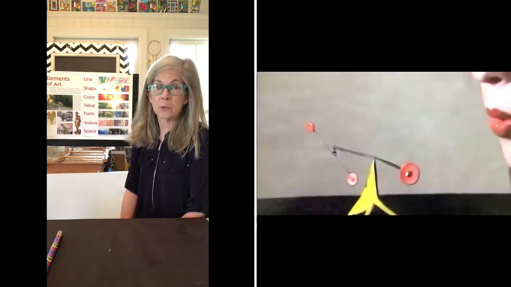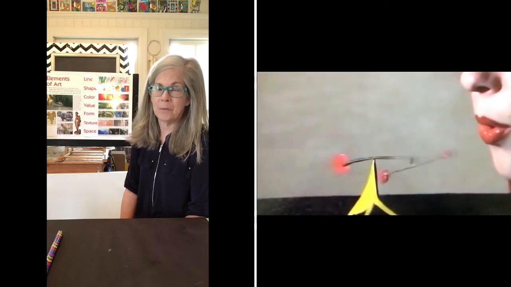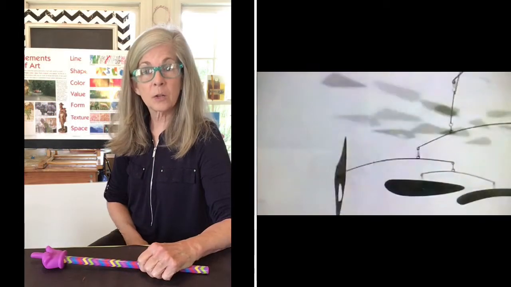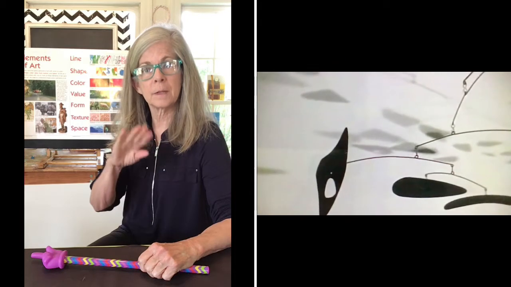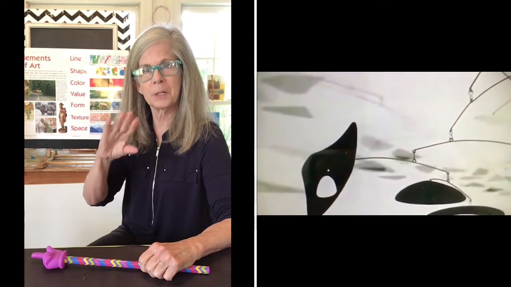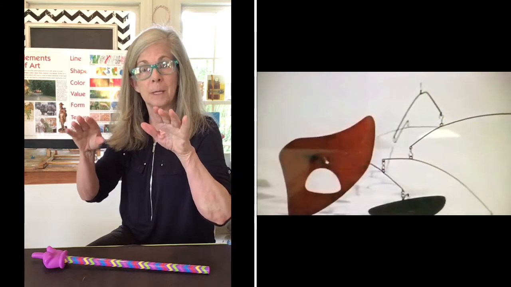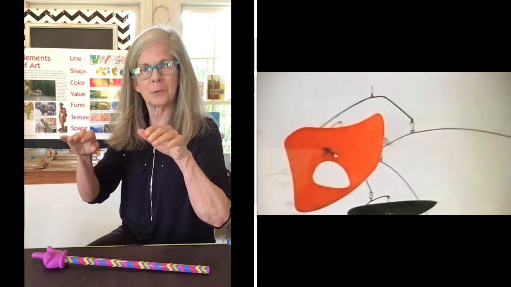Some of his sculptures can actually move. Those we call mobiles. Calder's mobile sculptures move on tiny currents of air or little breezes that make the perfectly balanced pieces gently move through space.